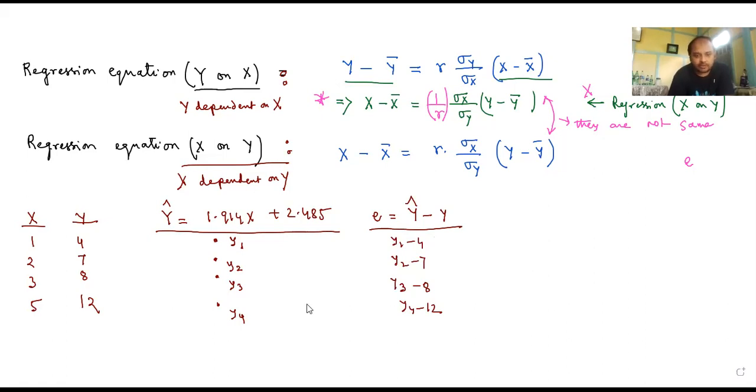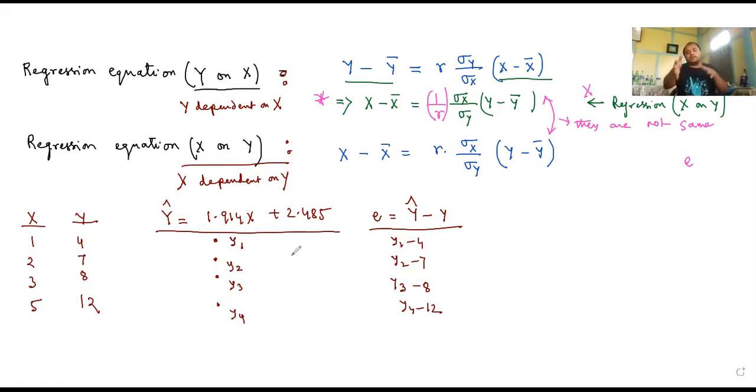That is what we termed as random error. Now, why is it said that this error has mean 0? Carefully listen to me. We have got 4 values for the variables capital X and capital Y, 4 sets of values.